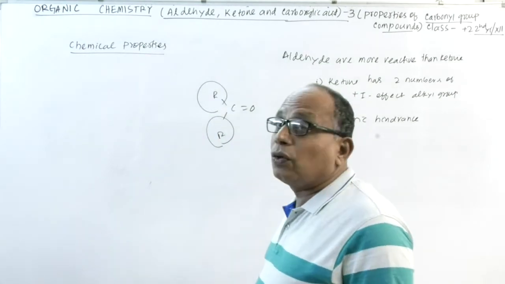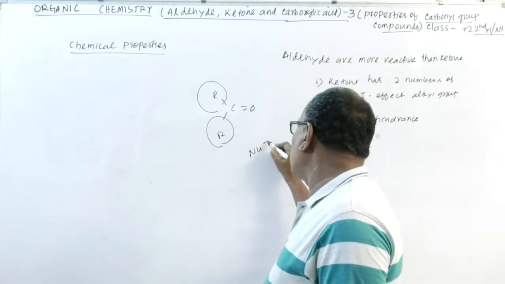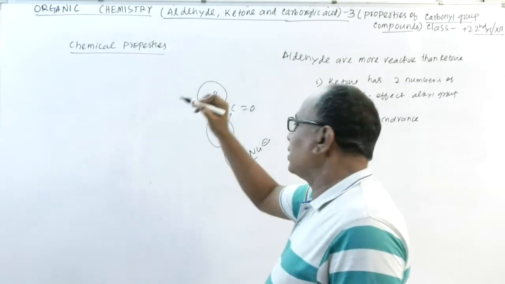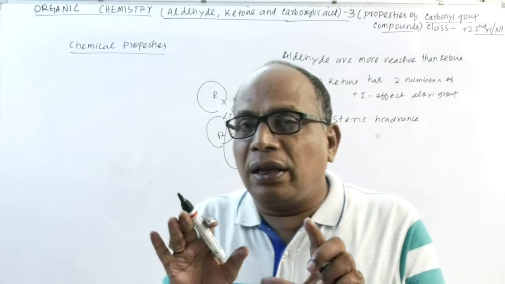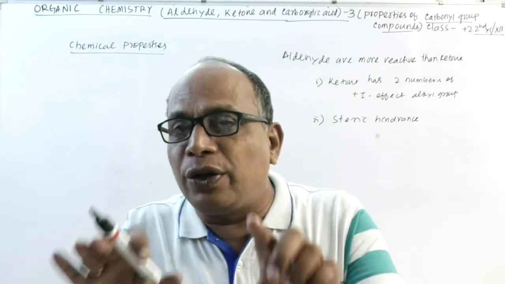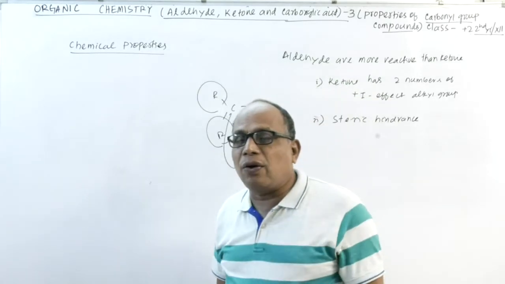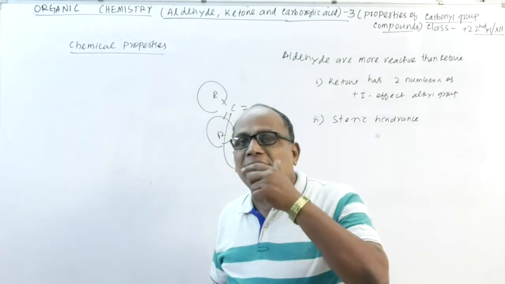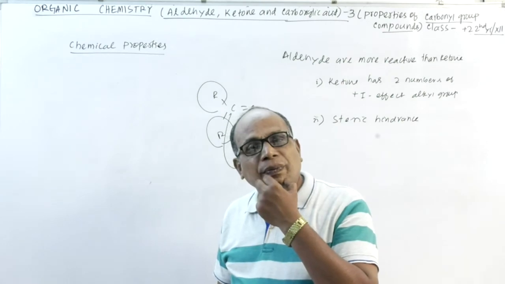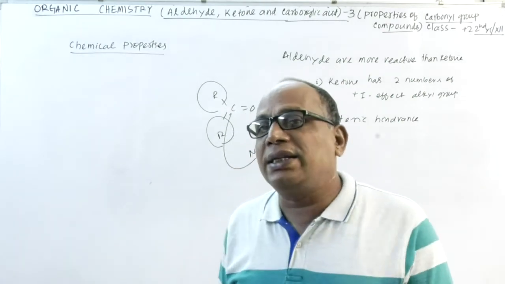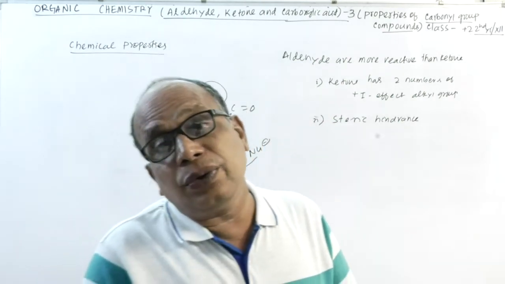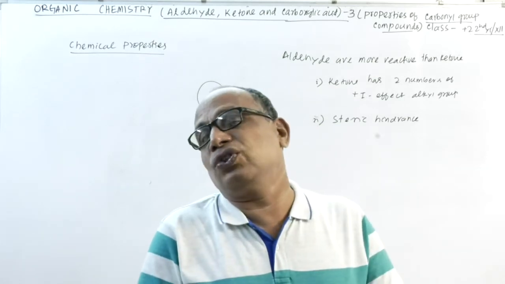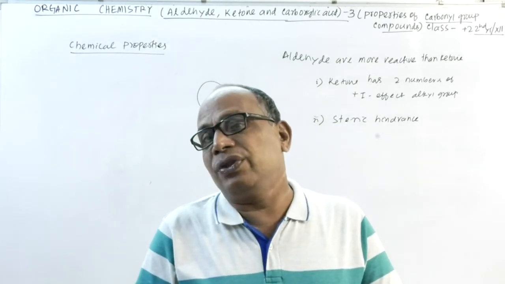Due to the presence of bulky groups, the nucleophile does not get a chance to attack here, because the movement or attack of the nucleophile to the carbon atom is blocked by the bulkiness of the alkyl groups. That's why aldehydes are more reactive than ketones, or ketones are less reactive than aldehydes.